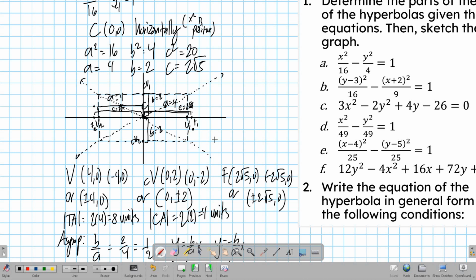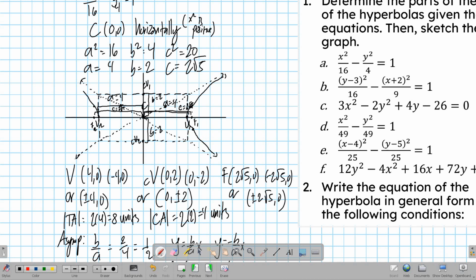Now to sketch the graph, remember that the ELRs can also be used as our guide, although I cannot say that the ELRs are exact because it's 2 square root of 5. So it can look something like this. We pass through the ELRs, then make it closer to the asymptotes. Something like that.